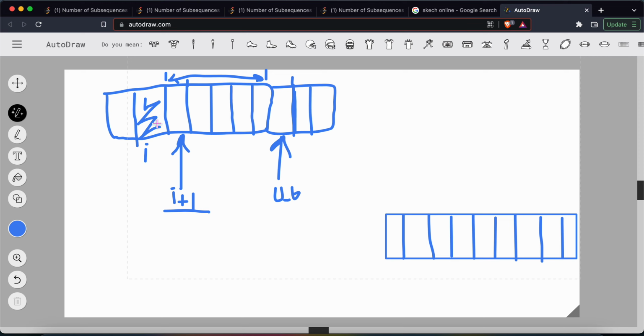This will be our smallest element, and whatever sequence of elements we take from here, whichever is the biggest element among them will be combined with the ith element, and then it will satisfy the condition. Okay, so we are avoiding the empty subset, because the ith position we are already considering, right?